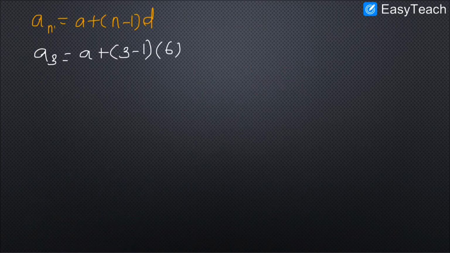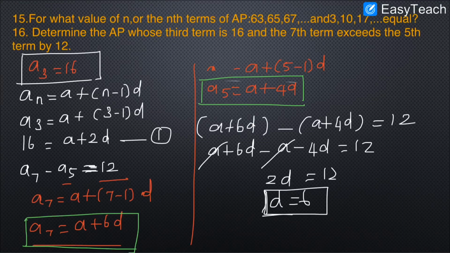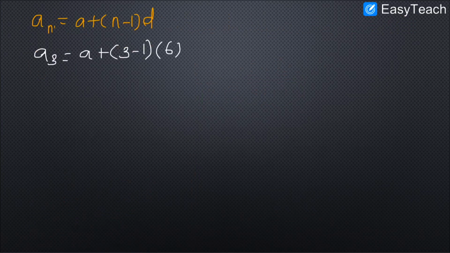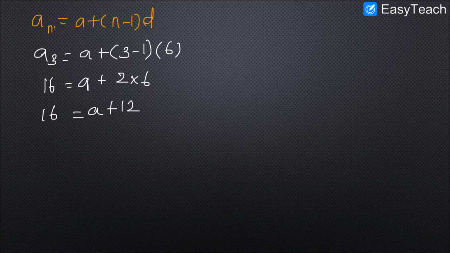In the next step I substitute 16 for A3. So 16 equals A plus 2 into 6, so A plus 12. So A equals 16 minus 12, A equals 4.